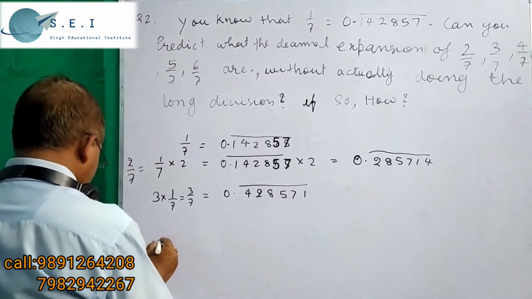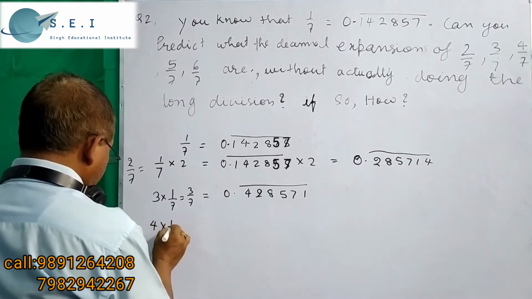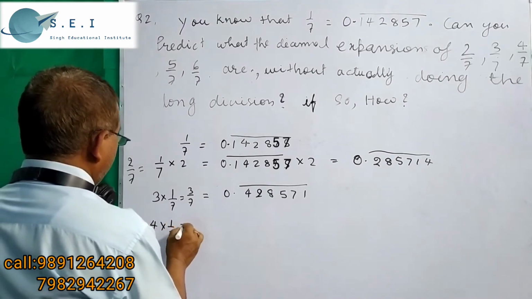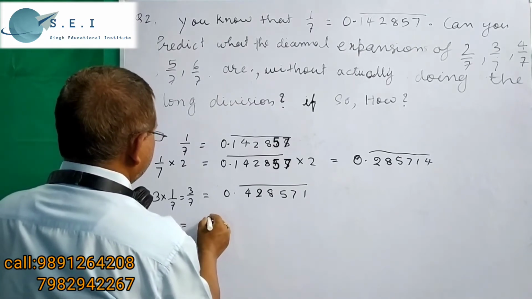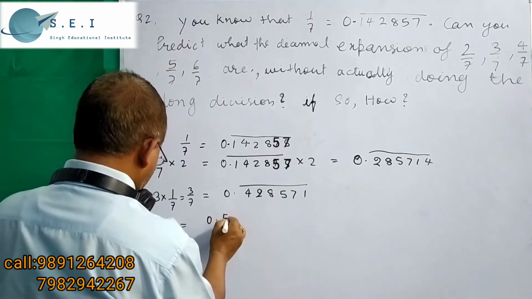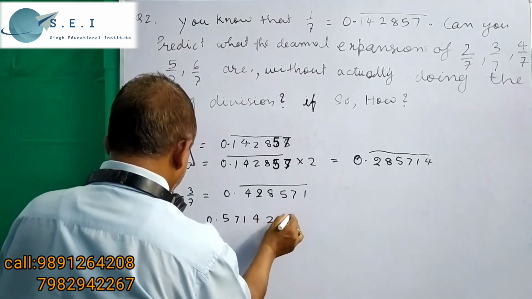Similarly, to get the answer of 4 upon 7, we can multiply the value of 1 upon 7 by 4 and the answer is 0.571428.